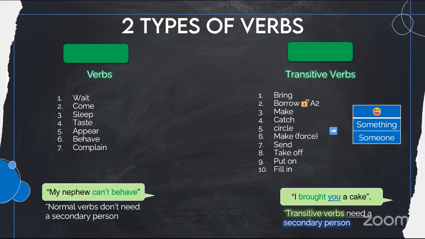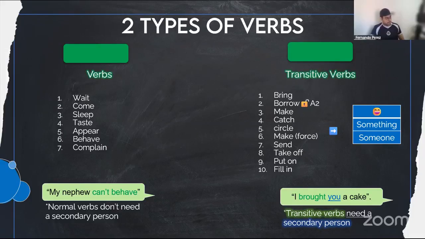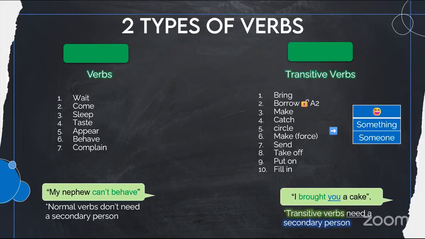Procesos. Makes me force report. Eliminate force, because makes is similar to force. So you have duplicate information.